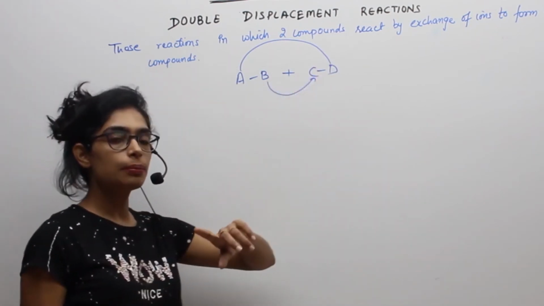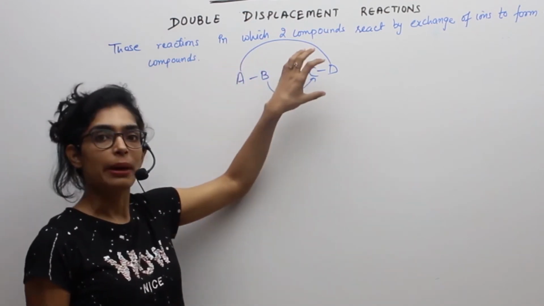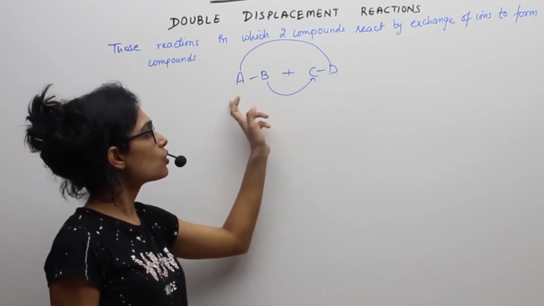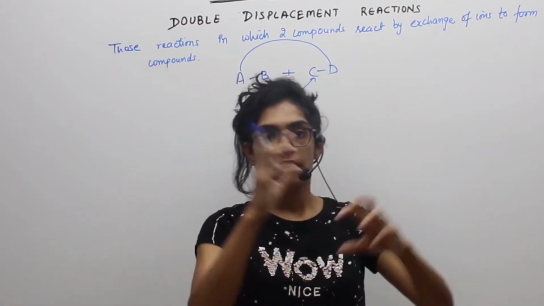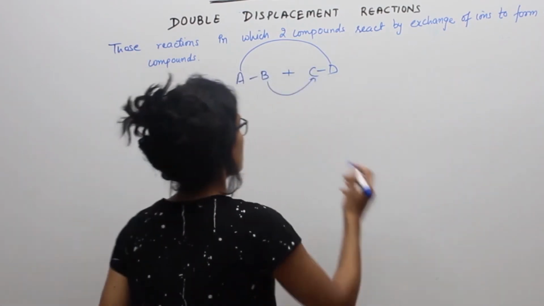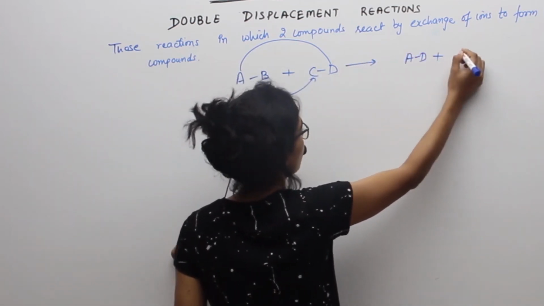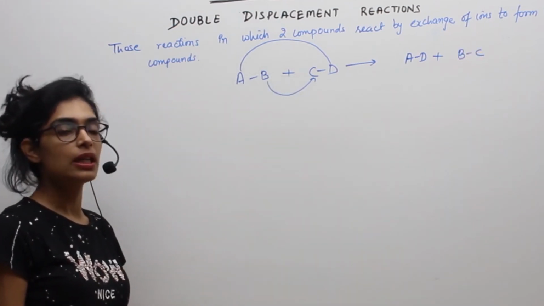So in the earlier reaction, what was happening? There was one compound and the other was either a metal or a non-metal. Now here both the species which are reacting are compounds and we are displacing their ions. Their ions are getting exchanged and the products are forming. So basically A is going along with D and B is going along with C. This kind of exchange is called a double displacement reaction.